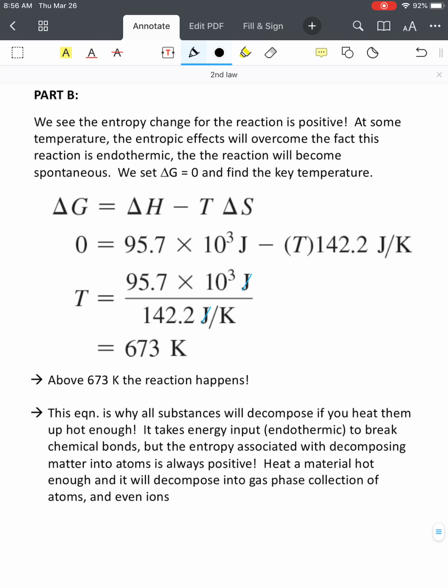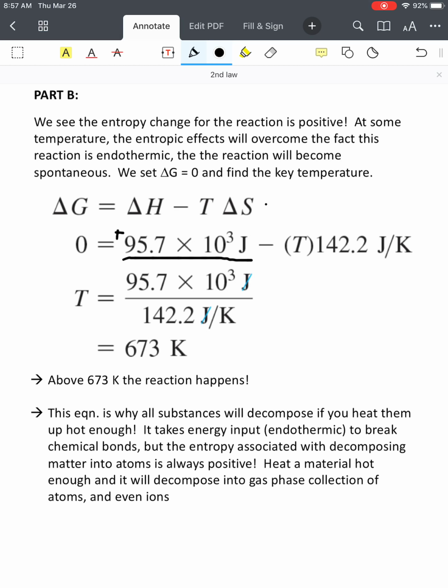Well, let's move on to the next slide in part B. If I go back to the form of my delta G equation, and I plug in my value for my enthalpy change, that's still a positive number, isn't it? That's bad for spontaneity because it makes my delta G trend more positive.